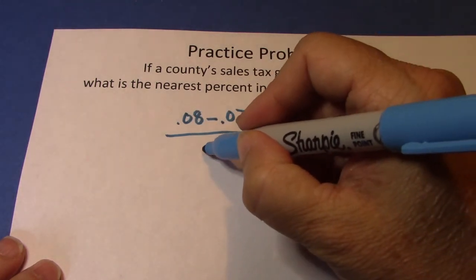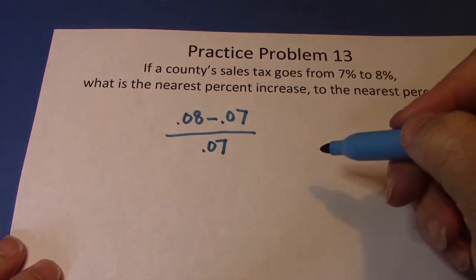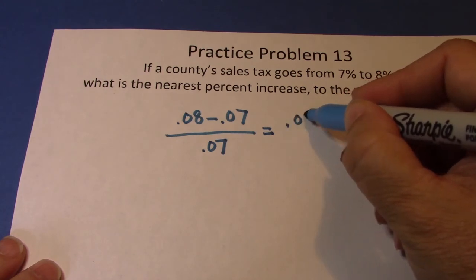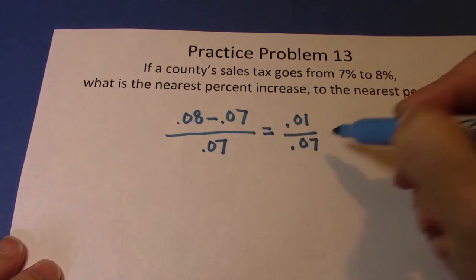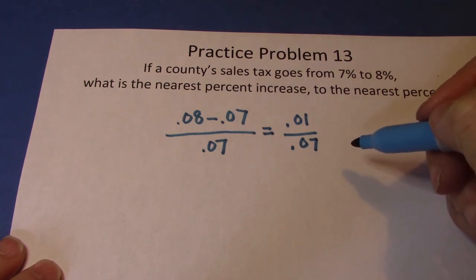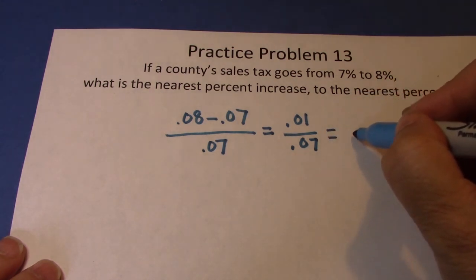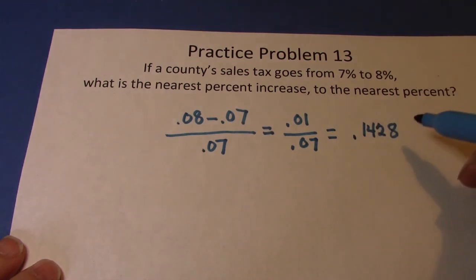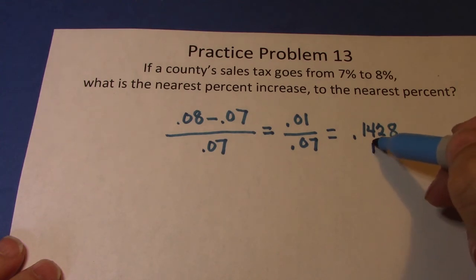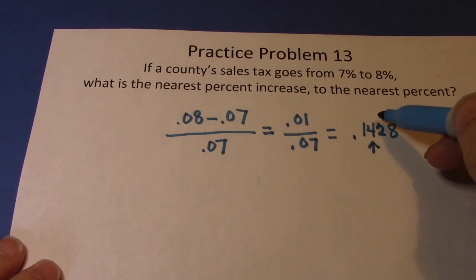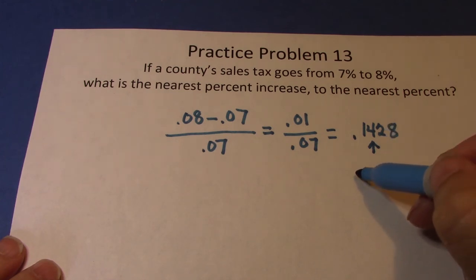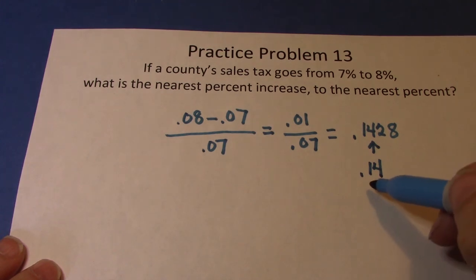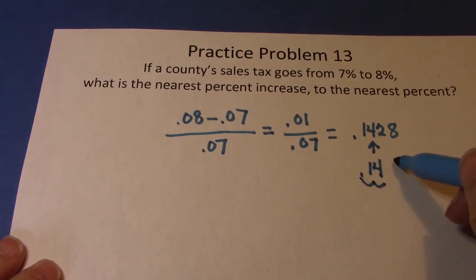And we're going to divide that by the original, which is 0.07. And when I do that math as well, it's even longer than that, but I'm going to round to the nearest percent. The nearest percent is the nearest hundredth. I look over to this digit, that's less than 5, so I'm going to keep it as 0.14, and they've asked us to do that as a percent, so move it 2 decimal places over and add the percent sign.